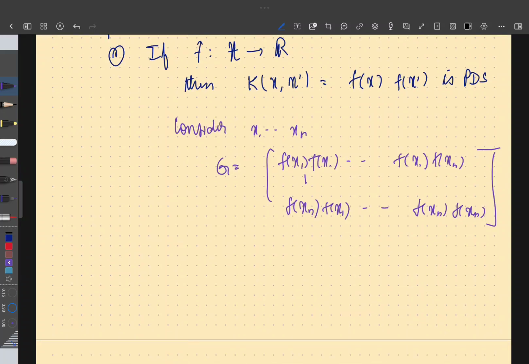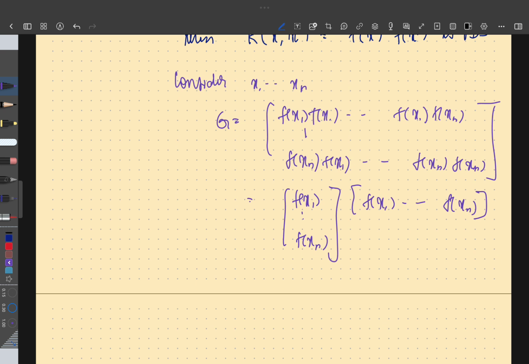It's just f of x1, f of x2, up to f of xn times the same vector. So this is positive semi-definite for every x1 through xn.